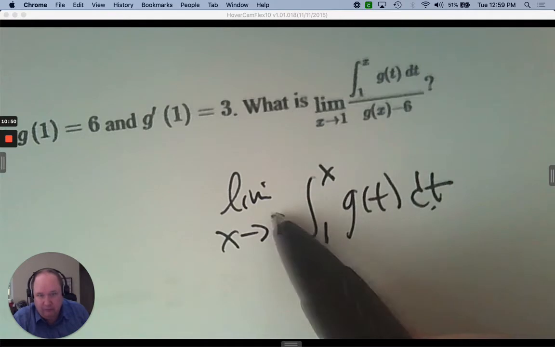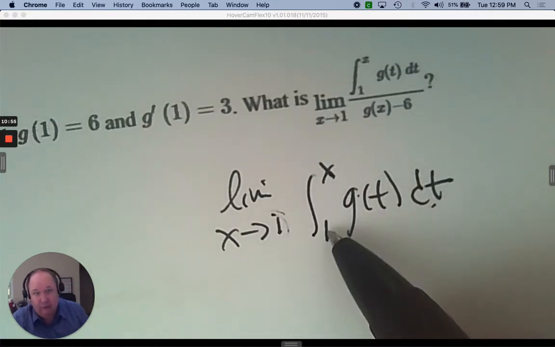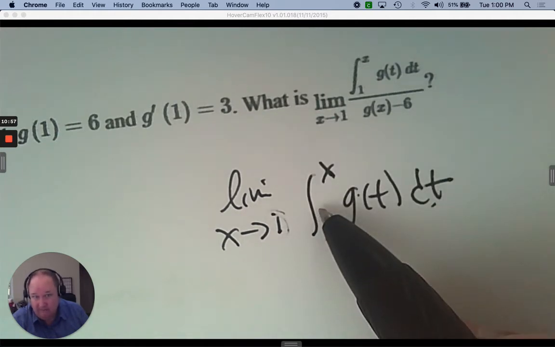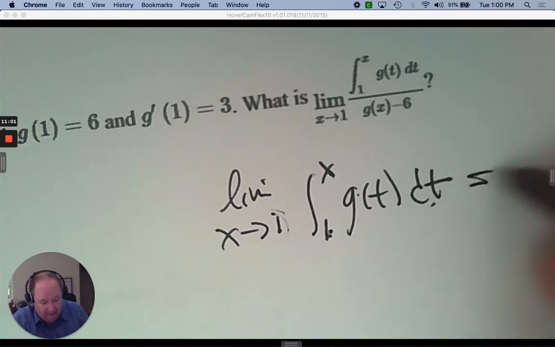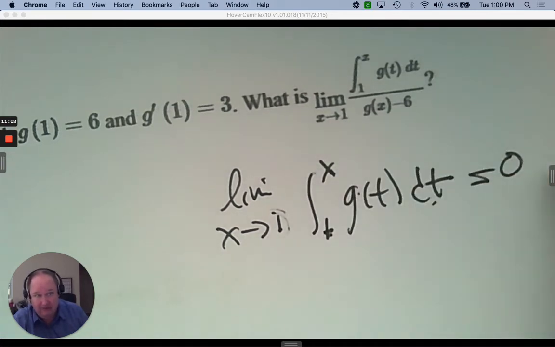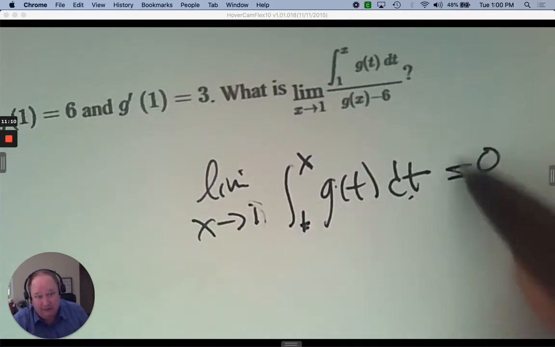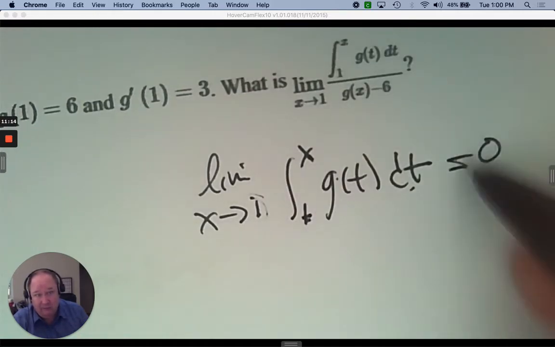So substitute 1 in for x. If I'm evaluating a definite integral and it's going from 1 to 1, that means there's nothing to find the area under. 1 to 1, the area would be 0 because it's not going 1 to any other number. So if it stays at 1, there's no area to find underneath the curve. So if that number stays the same, then the answer is 0.